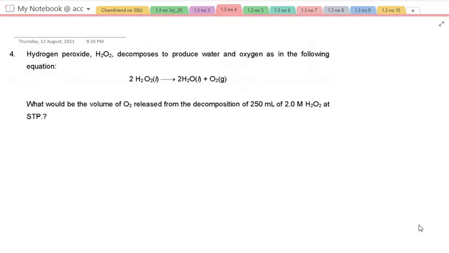Next, let us look at question number 4. Hydrogen peroxide, which is H2O2, decomposes to produce water plus oxygen, as in the following equation given. What would be the volume of O2 released? The question is asking for the volume of O2 released from the decomposition of this 2 molar hydrogen peroxide.